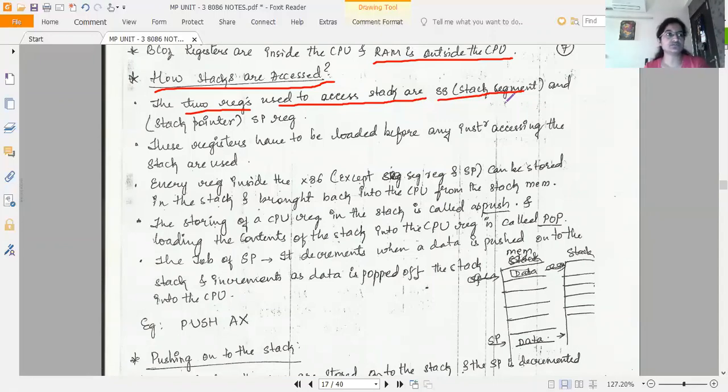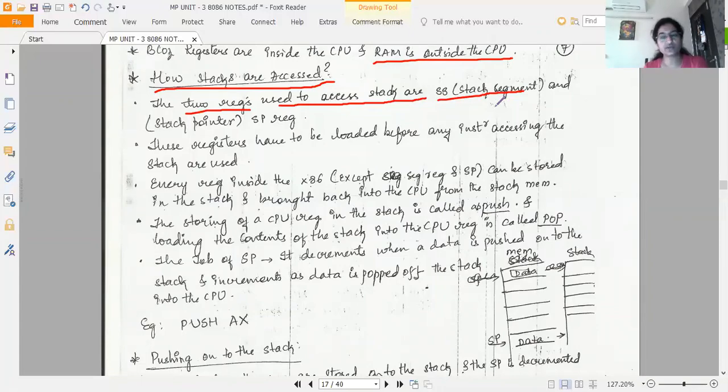If we have to access the data segment, then we require the data segment register, right? Data segment register and the code segment register will hold the starting address of the respective segments, isn't it? Along with that, we require another 16-bit register for what? To hold the offset address, isn't it?